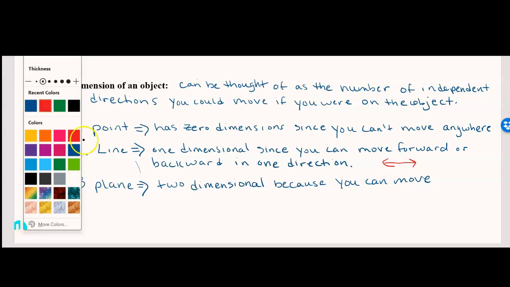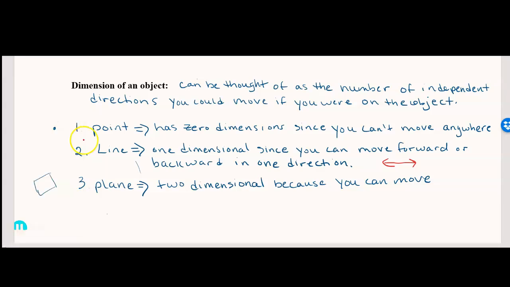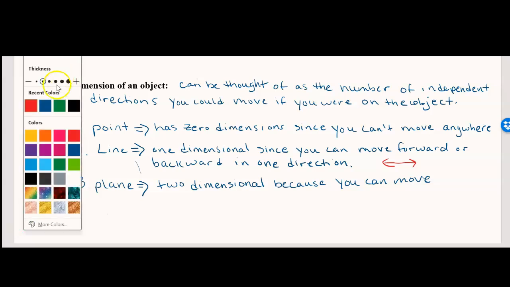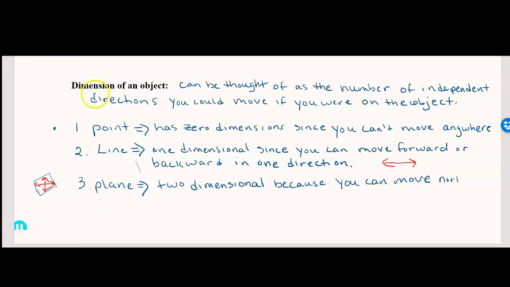So here's my little plane that I drew here. You could move north and south, and you can move east and west. Think about a floor. You can move north, south, east, west. That's basically what we're talking about in terms of movements. It's 2-dimensional.